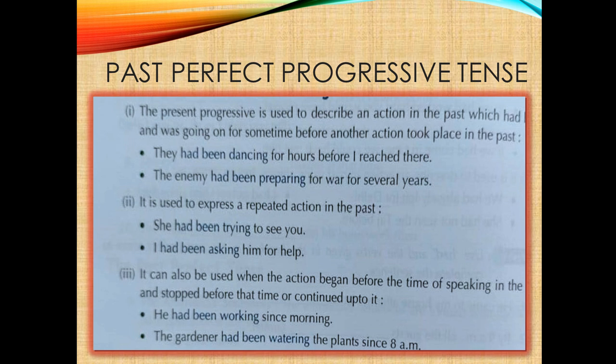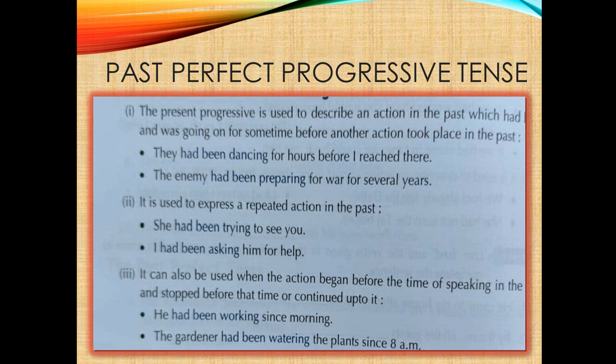Now we'll see the uses of past perfect progressive tense. Past perfect progressive tense is used to describe an action in the past which had begun and was going on for some time before another action took place in the past. They had been dancing for hours before I reached there.